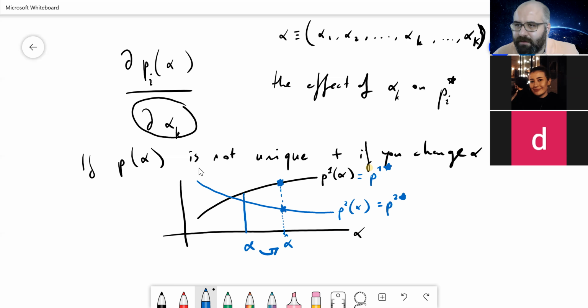But in dynamic models, it's a much bigger issue because you are now changing alpha in time. That creates even bigger problems in dynamical models. So it is very important to understand whether your equilibrium is unique or not.